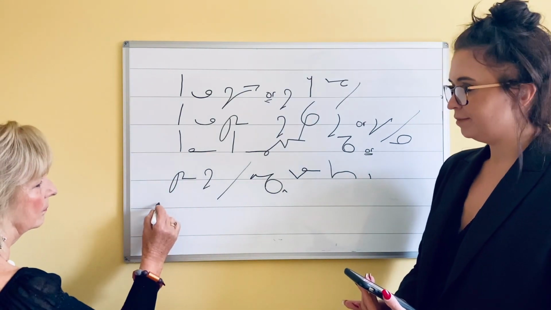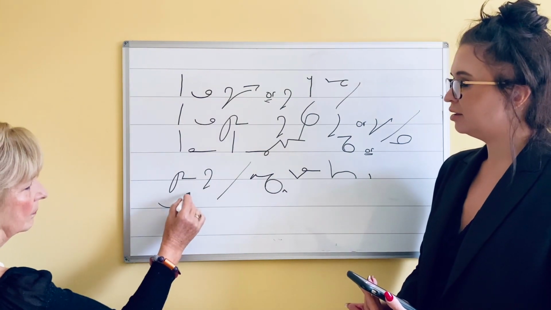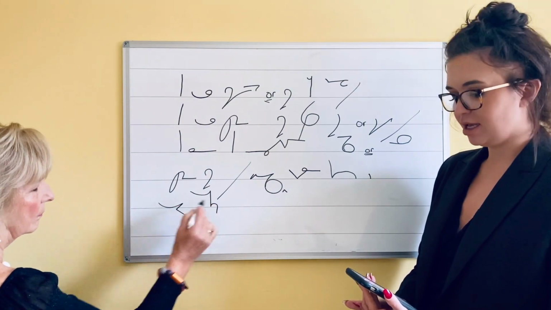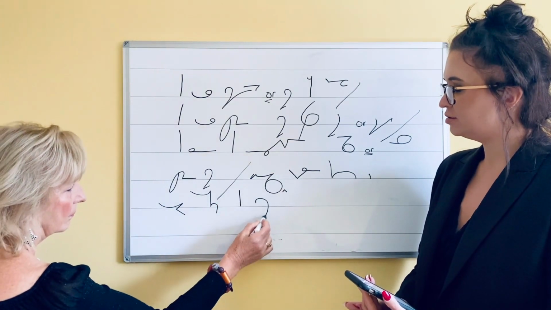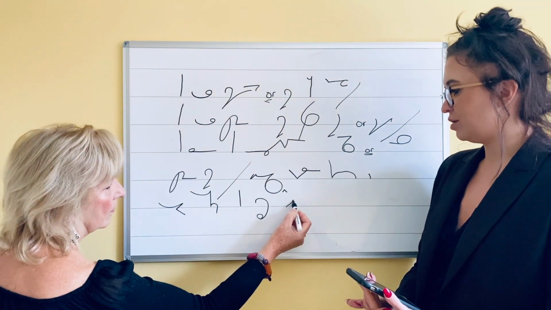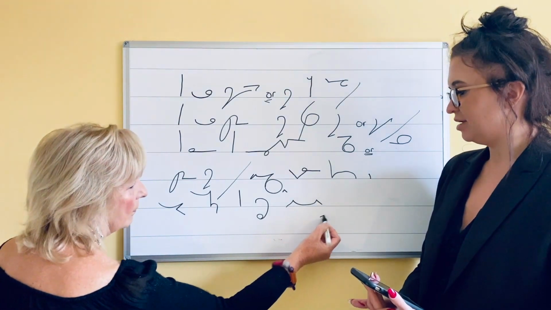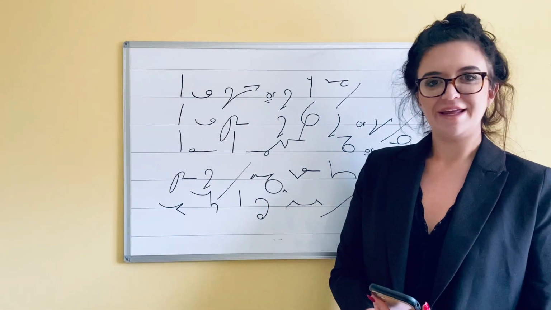Week, W and K. When, WHN. He goes, so G and S for goes, and then away, which we've looked at already, AWA. Okay, next one, ready?